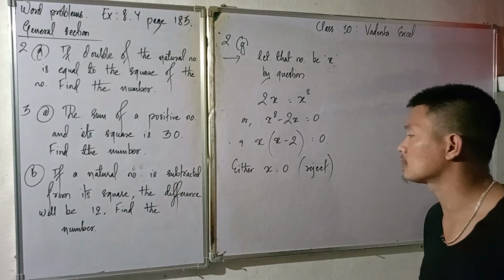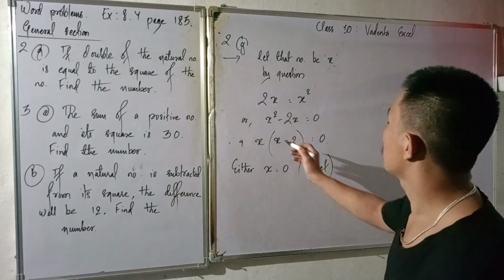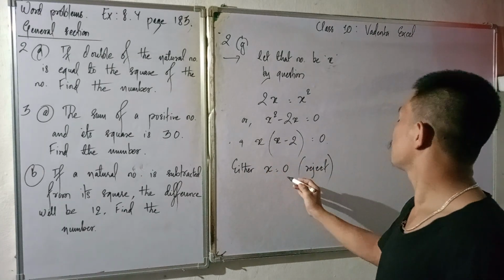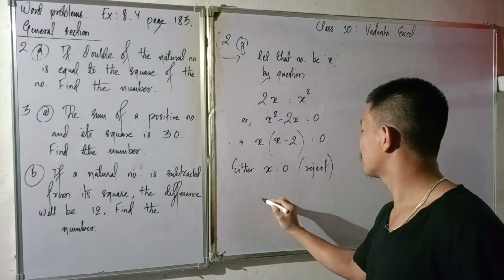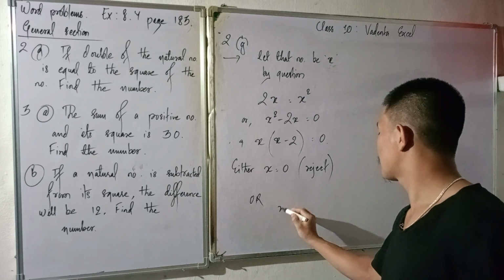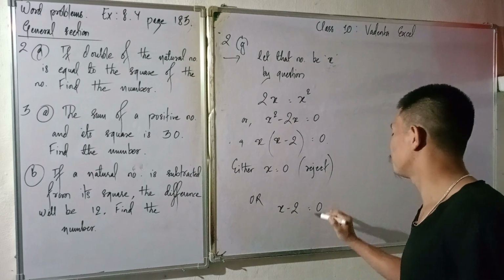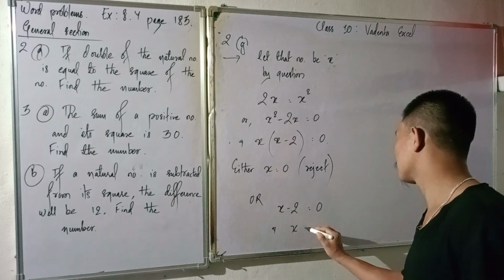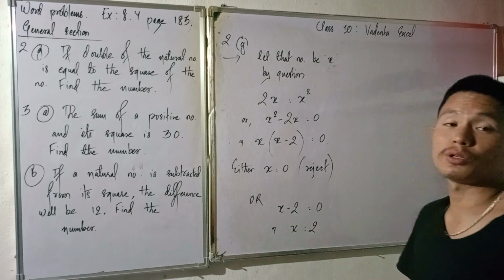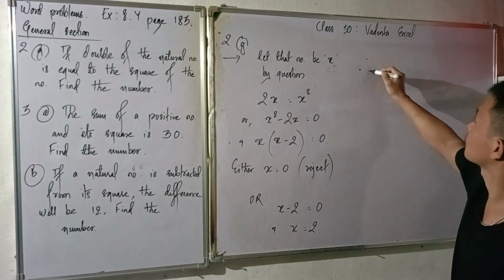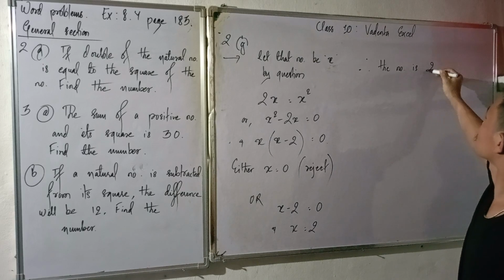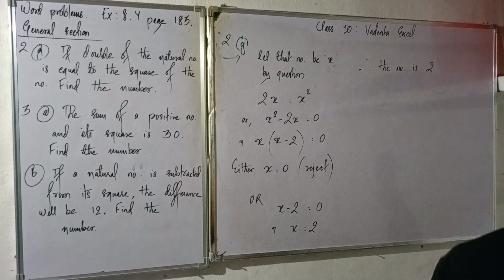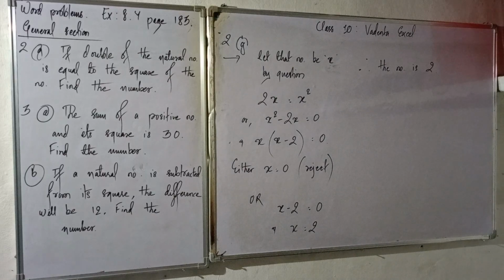Or x minus 2 equals 0, or x equals 2. Therefore the number is 2. It's simple.